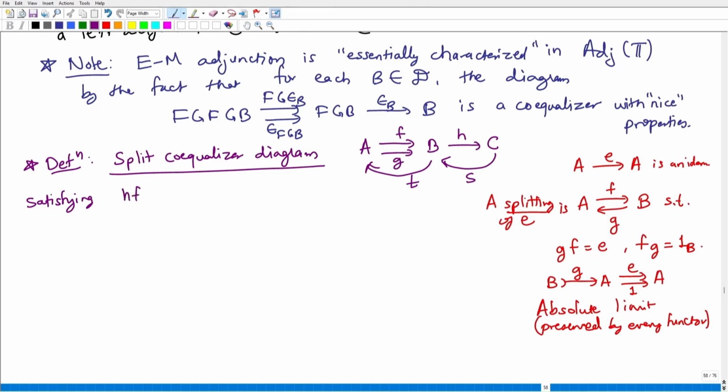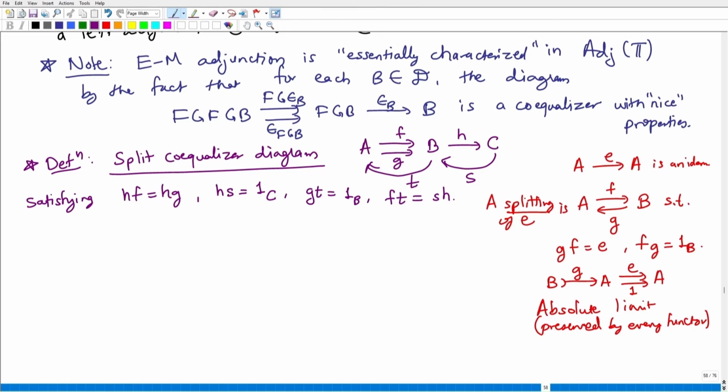So of course, I want it to satisfy HF equal to HG. I have not claimed that it has the universal property, but HF has to be equal to HG. Then HS is equal to 1C. Then GT is equal to 1B. And finally, FT is equal to SH.